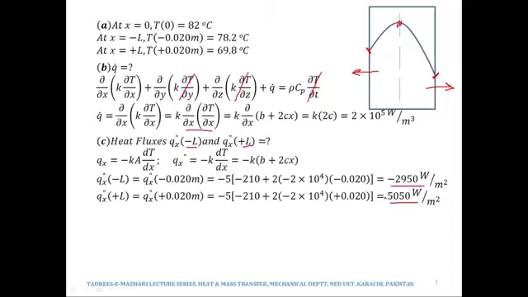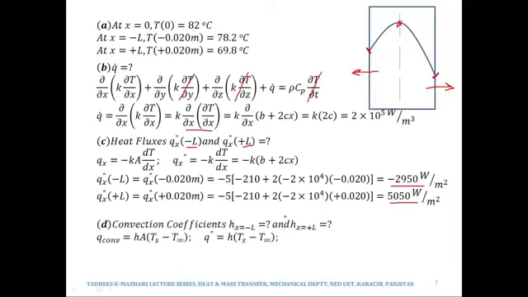Now in the next part D, we have to find out the convection coefficients. So for convection coefficients we would be using hA delta T. If we take this area into the denominator of Q and call it heat flux, now we know the heat flux. At the left phase, the heat flux is 2950.